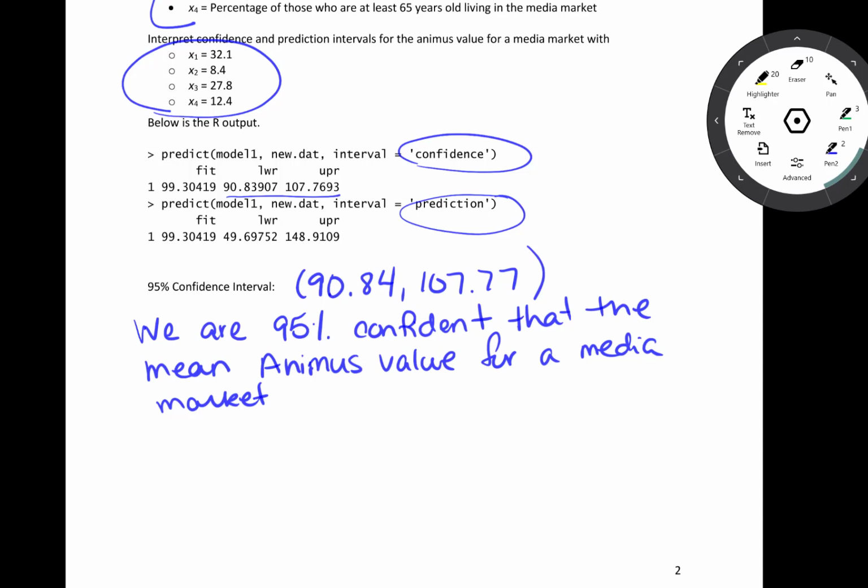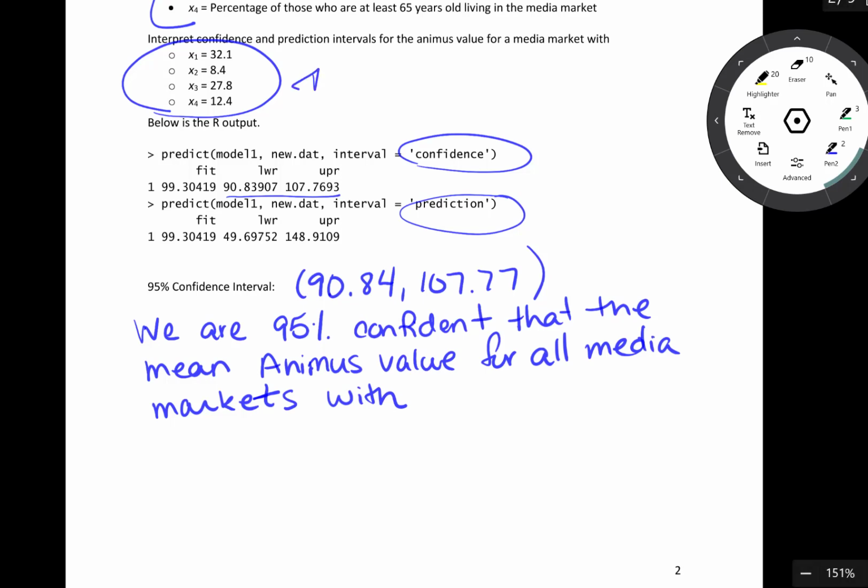I have messed up here. It should say mean animus value, not for a single media market. This should be for all media markets, because if we're talking about the mean, we can't have a single one. So we're 95% confident that the mean animus value for all media markets with, and notice this is in particular for media markets with these 4 values.